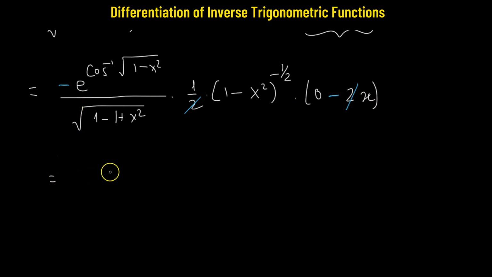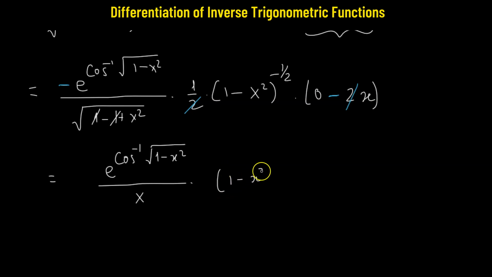So our final value will be e raised to the power, there will be one more cancellation, we'll come to that, e raised to the power of cosine inverse of 1 minus x squared whole divided by, that is 1 and 1 goes away, so we have square root of x squared, so that will be x times 1 minus x squared raised to the power of negative half, and we have positive x here.